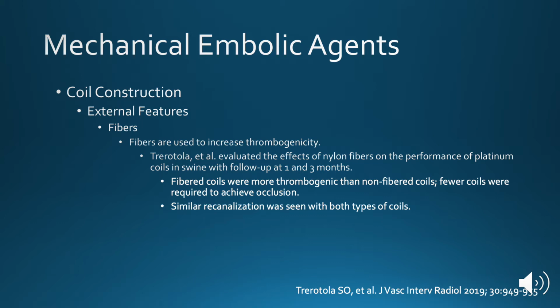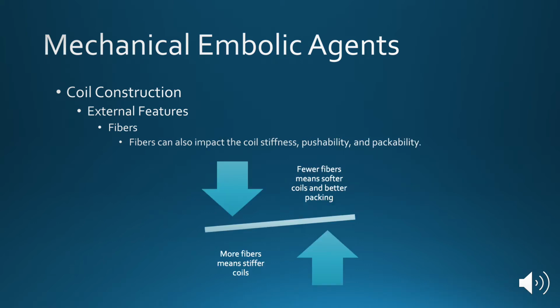He evaluated the effects of nylon fibers on the performance of platinum coils in animals with follow-up at 1 and 3 months. He found that fibered coils were more thrombogenic than non-fibered coils, and in fact, fewer fibered coils were required to achieve occlusion. With that said, and we'll come back to this, similar recanalization was seen with both types of coils.